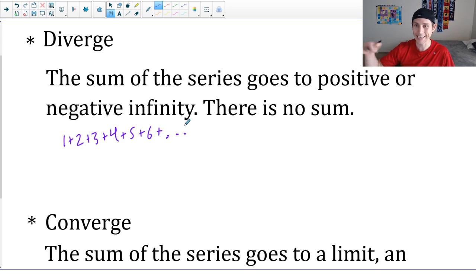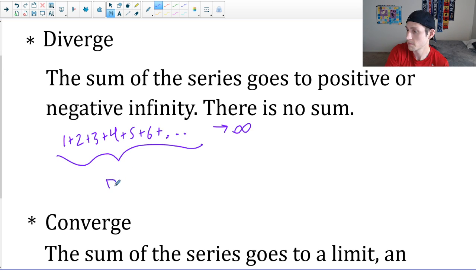Am I ever going to hit a maximum value? No, because I'm always continuing to add more numbers. So this sum would just go to positive infinity. That diverges.